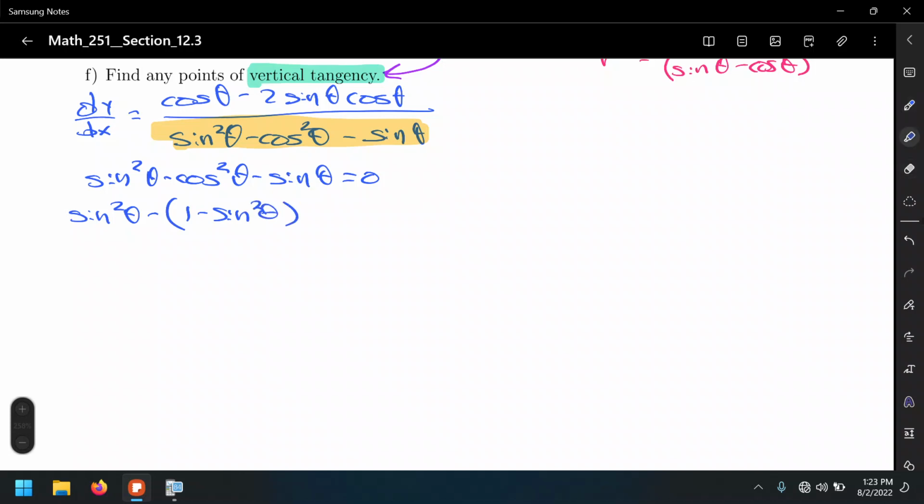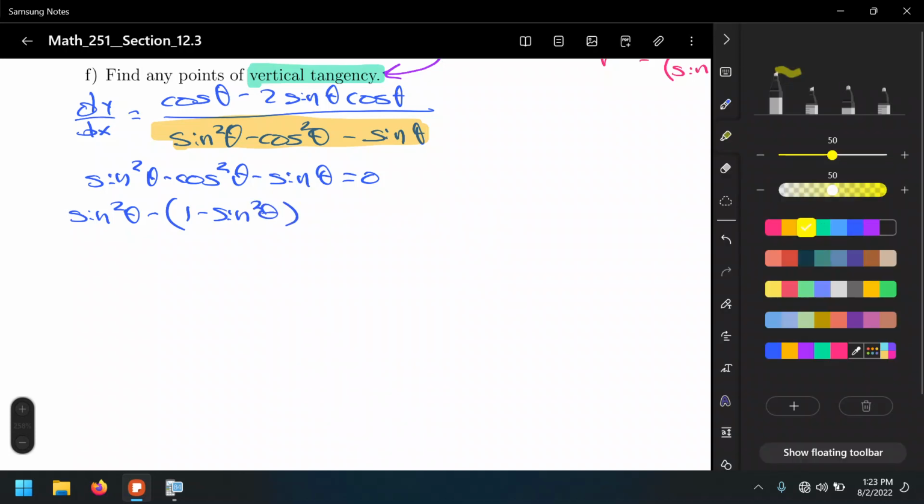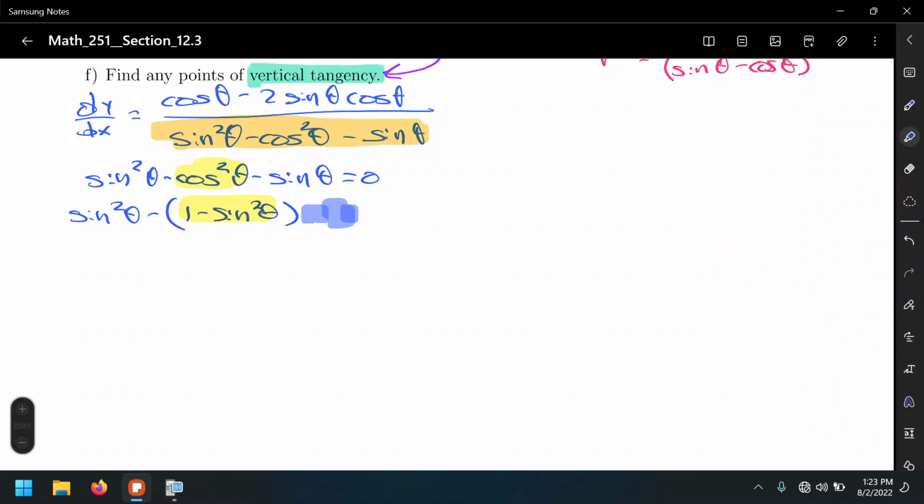Alright. So I'm changing this cosine squared into 1 minus sine squared. And minus sine, I mean just sine, not sine squared. And well, let's distribute the negative here.